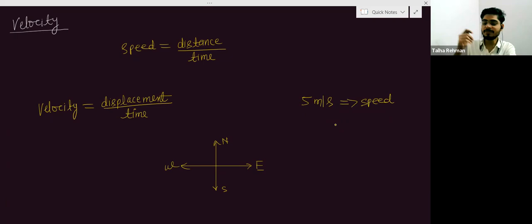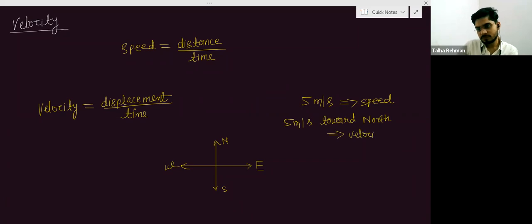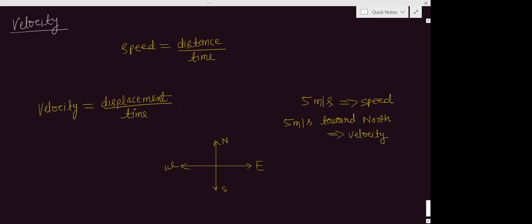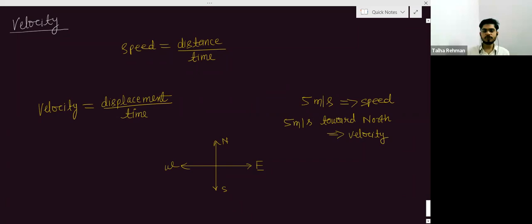If I am saying you are moving 5 meter per second towards north, here with speed direction is involved now, so this will be your velocity. This thing should be clear. If direction is involved, the speed will become velocity.